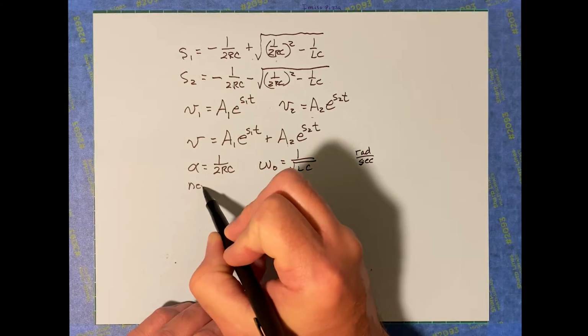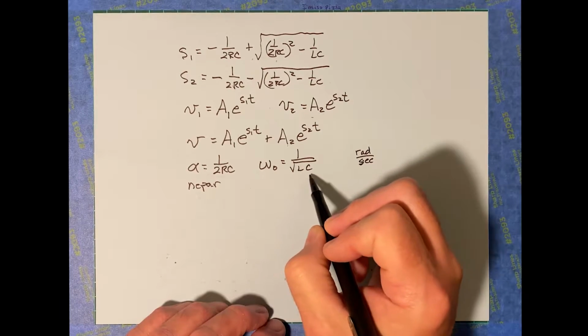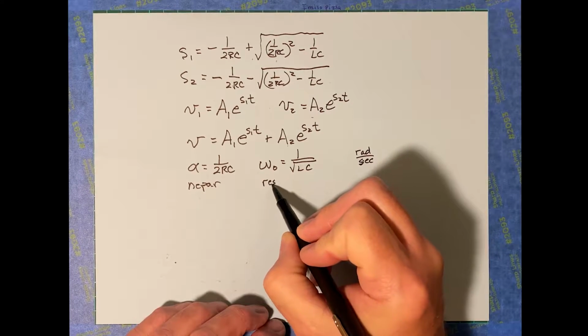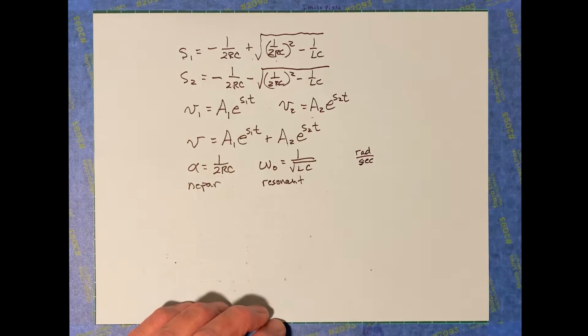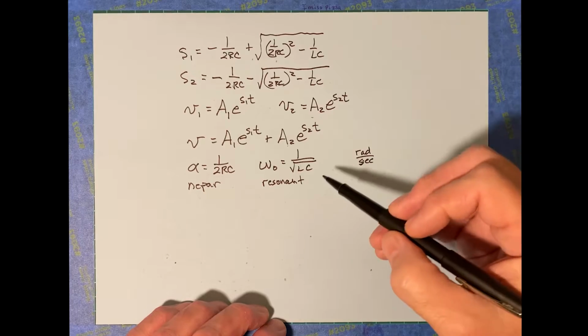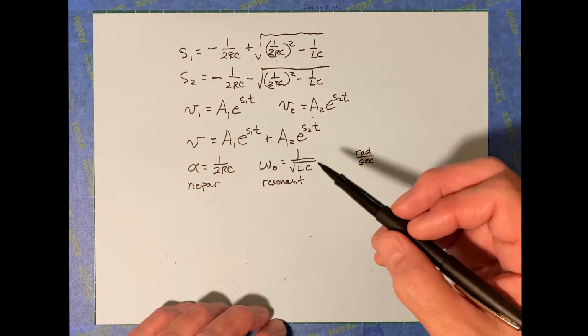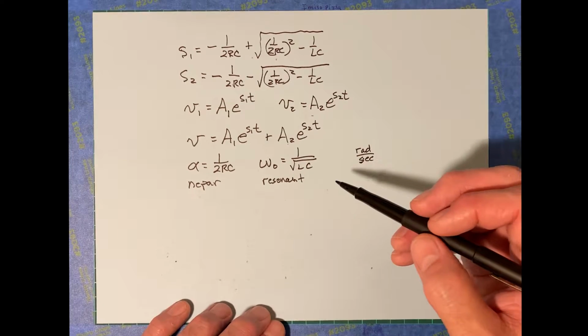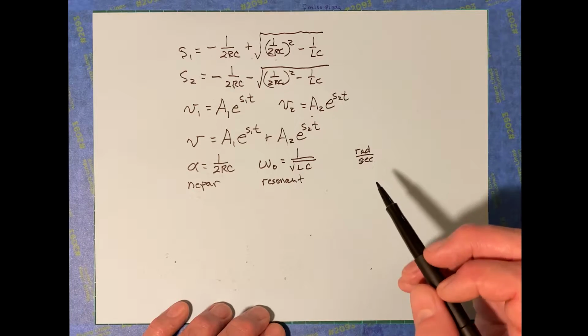This one, alpha, is the Neper frequency, and this one, omega naught, is the resonant frequency, the resonant radian frequency. We'll talk a little bit more about where that came from in just a minute when I eliminate the resistor and show you what happens with that oscillation we talked about.